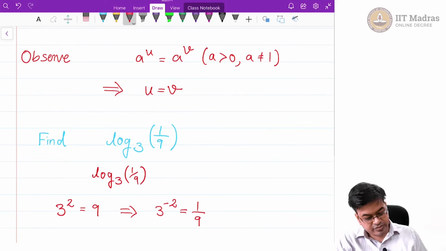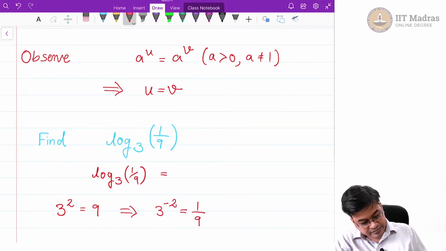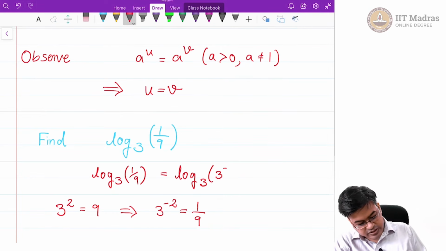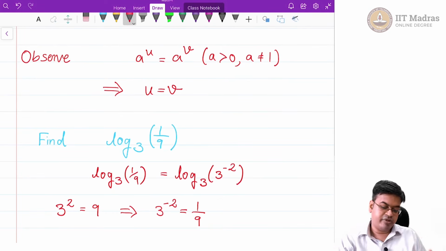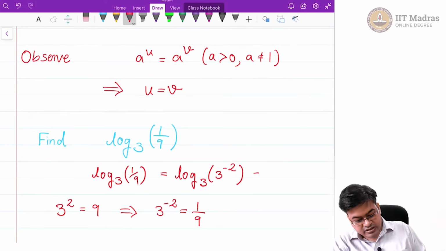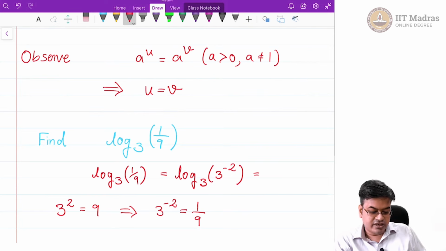So I will simply use the fact that log to the base 3 of 3 raised to minus 2 is 1 by 9, right? But this is an inverse function. This particular thing is like 3 raised to x.